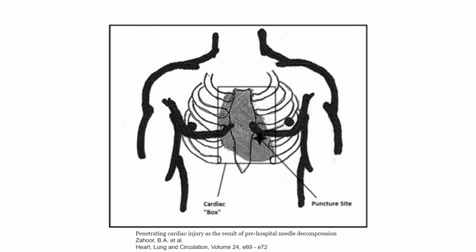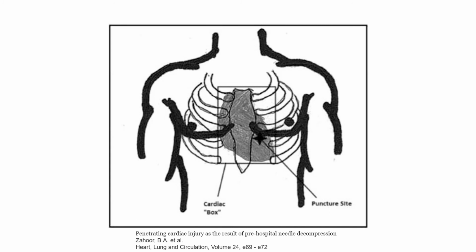But there's another issue with inserting a needle at the second intercostal space, and the problem is that there's a lot of bad stuff there. There's the subclavian vessels, there's the cardiac box. We really do risk causing more harm, and there's a multitude of case reports showing that a misdirected needle at the second intercostal space can create a lot of badness.